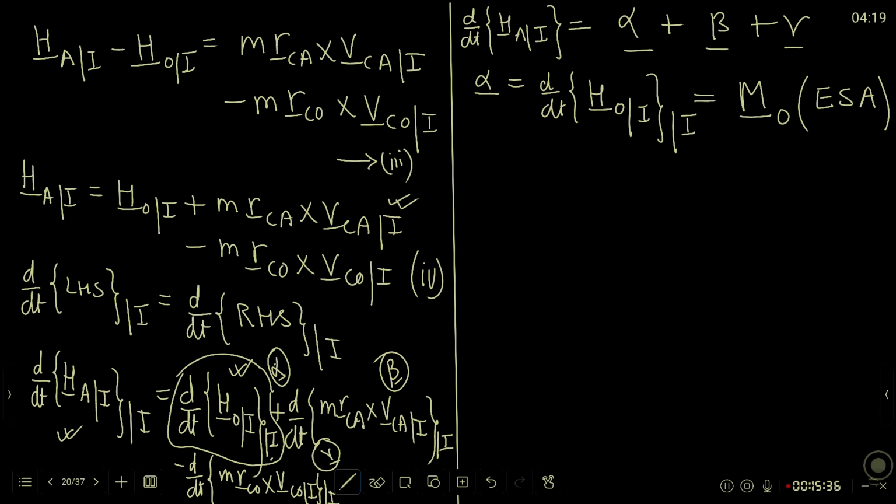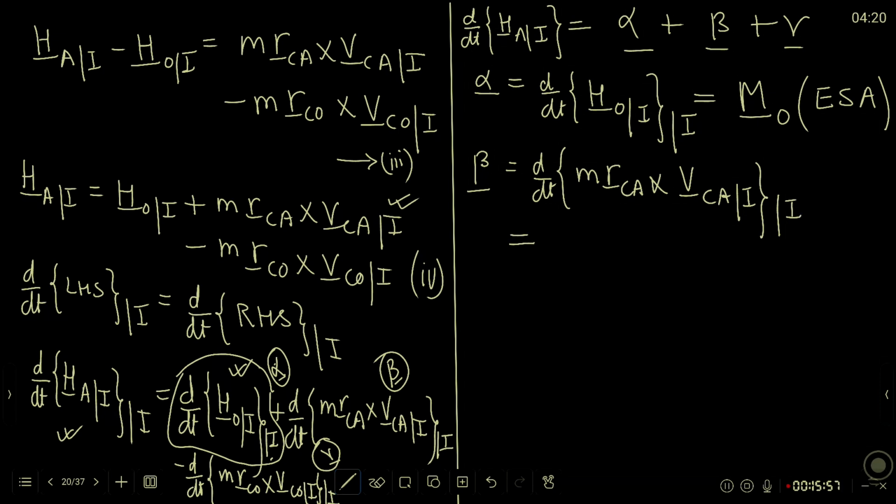Okay. Let's look at beta. Beta is the time derivative of... m is a constant, doesn't change with time, but then there are two terms here.